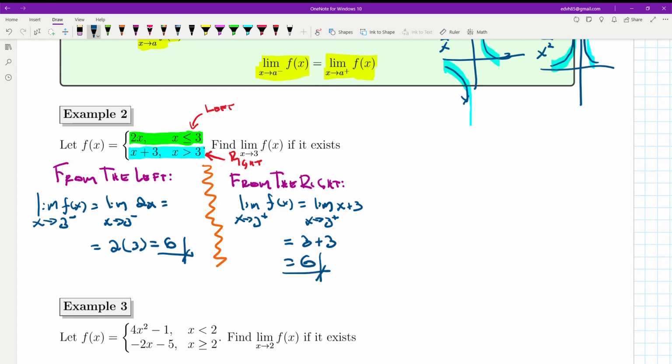And in this case, all we have to do is compare these two values. Did we get the same value, whether from the left or from the right?